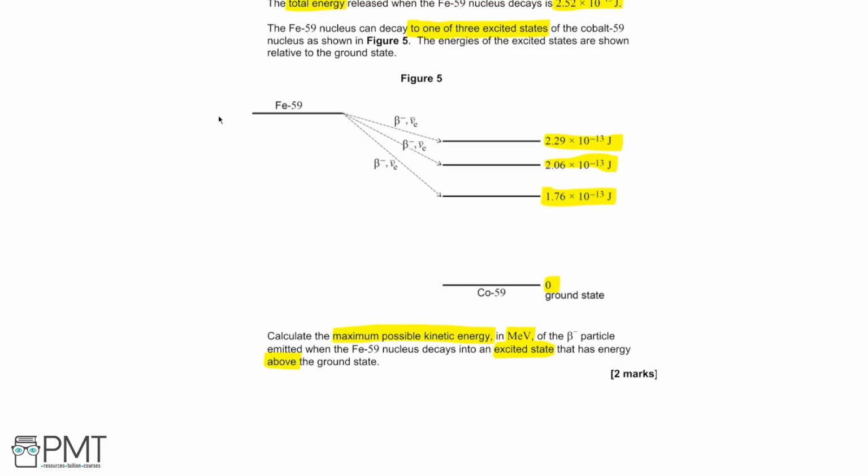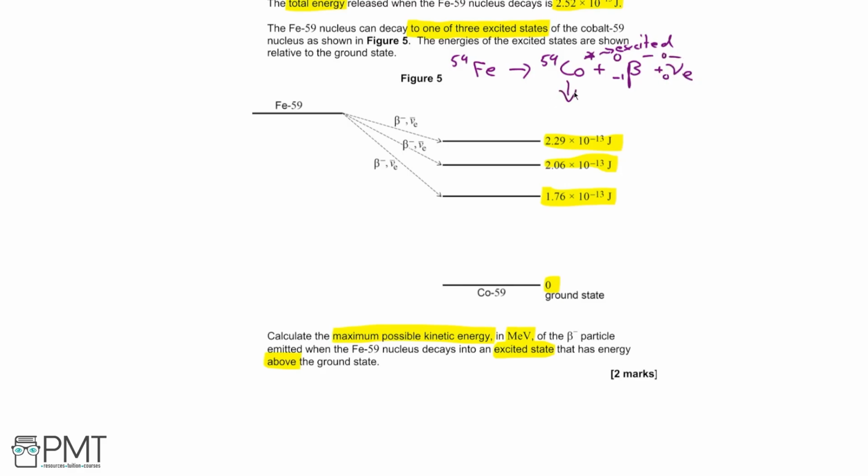In order to do this question, we should consider an equation for how the decay happens. Specifically, we have that Fe-59 goes to an excited state of cobalt, which is also cobalt-59, and then the star represents that it's excited, in addition to a beta minus particle and an electron antineutrino.